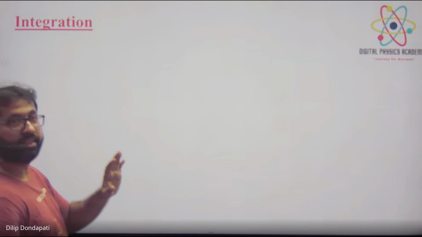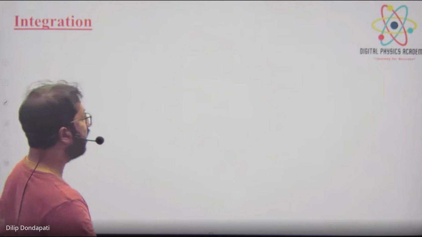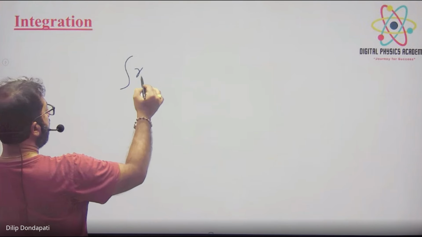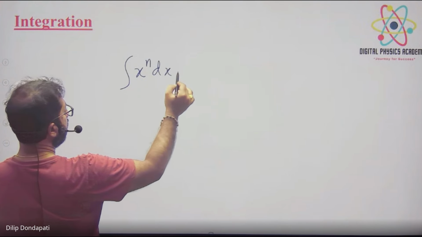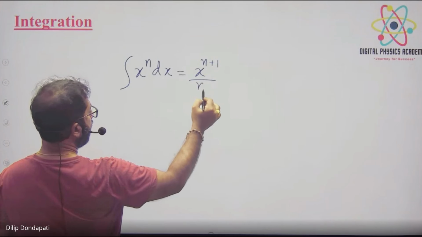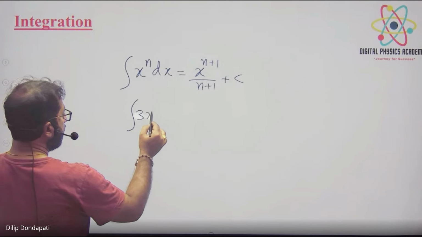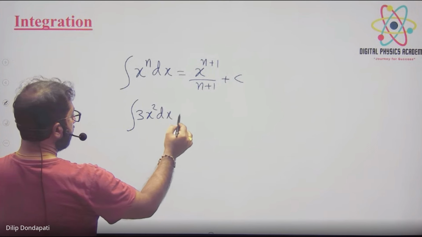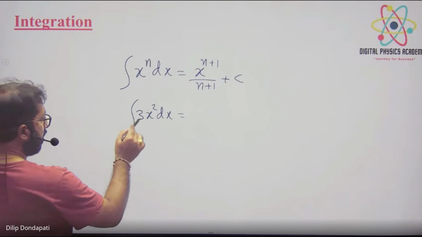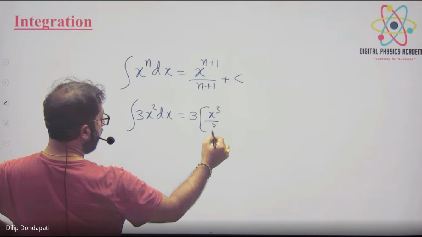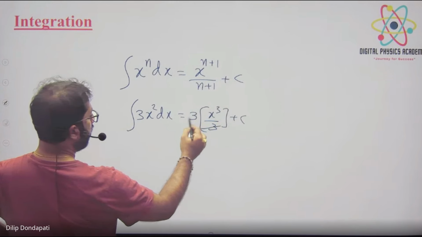You know integration, right? Do you remember the basic integration formula? Integral x power n dx is x power n plus 1 by n plus 1 plus c, right? Example, tell me, integral 3x square dx. 3 outside, x cube by 3 plus c, so x cube plus c.